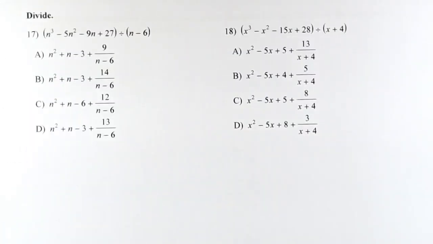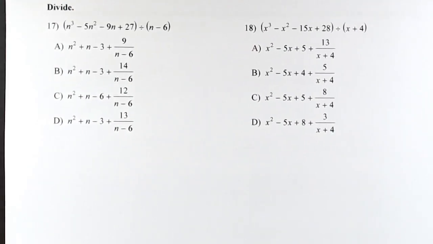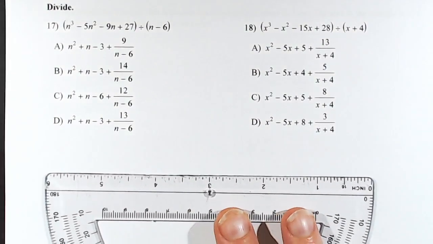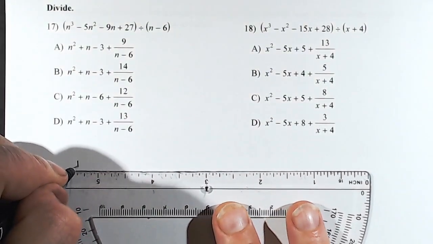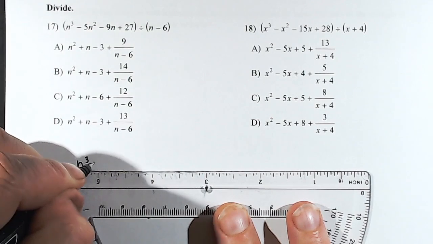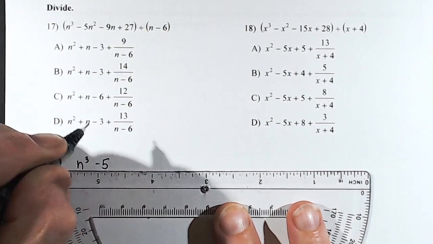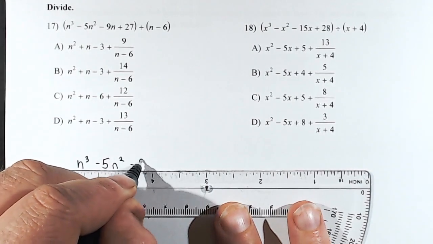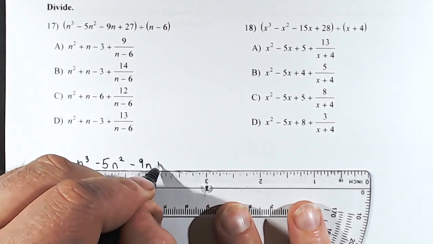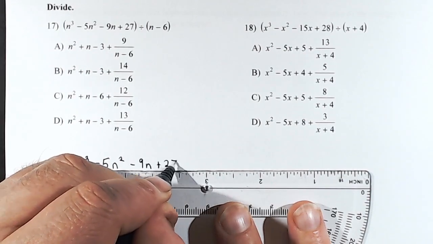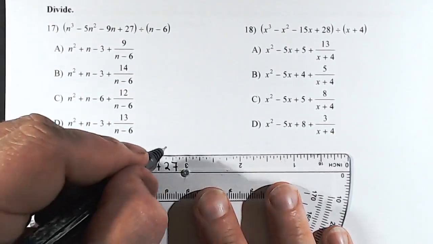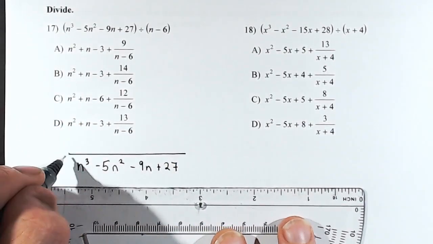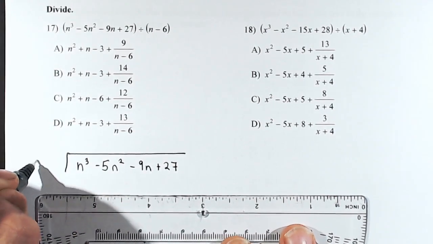Okay, and now we're on to polynomial division, which isn't as hard as it looks, all right? It's actually pretty easy. So let me show you how to do this. n cubed minus 5n squared, I'm just rewriting it, minus 9n plus 27 divided by n minus 6.